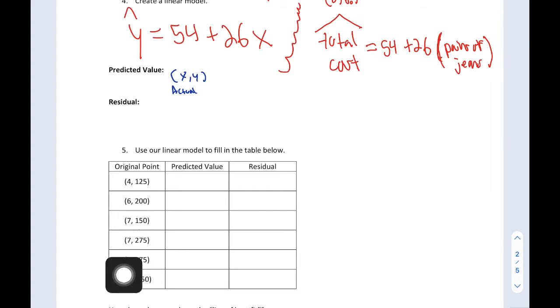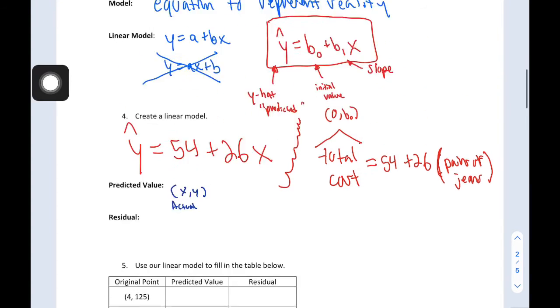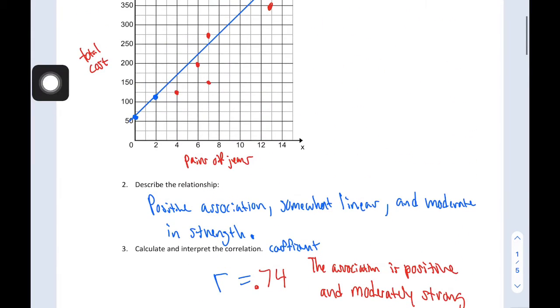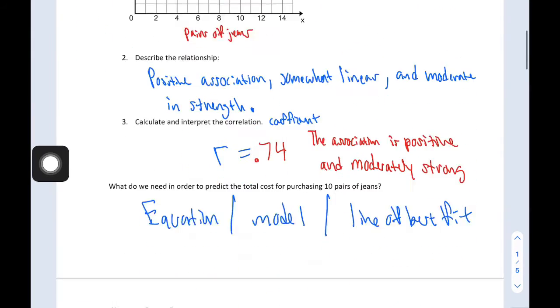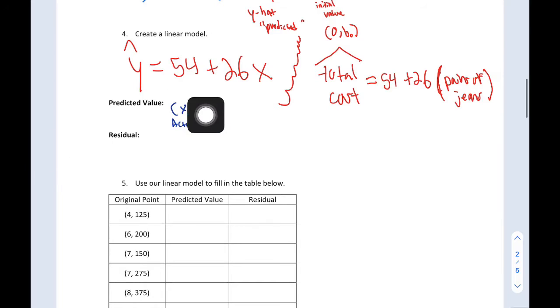In our example, these 6 dots are the actual points. Like they actually happened, x comma y. Like we bought 4 jeans and they were $125. We bought 6 jeans, they were $200. A predicted value is when we plug an x into our regression model and a y hat comes out.